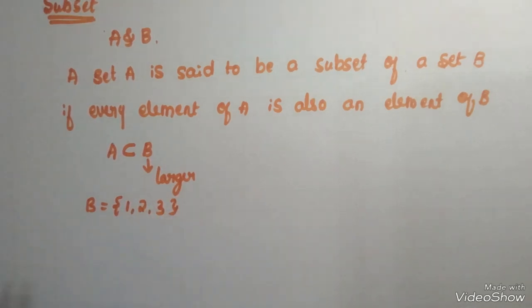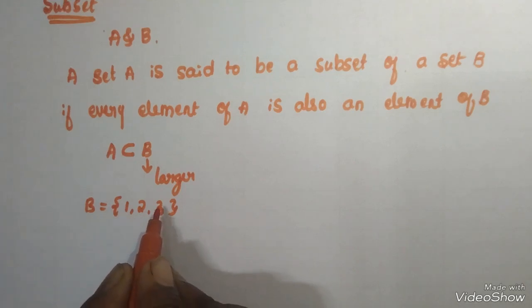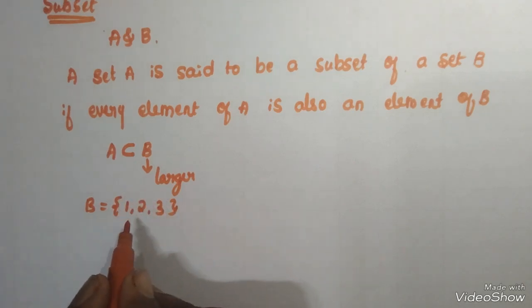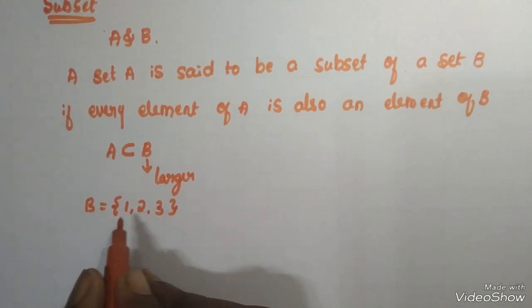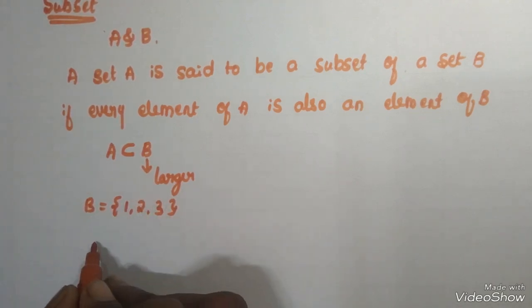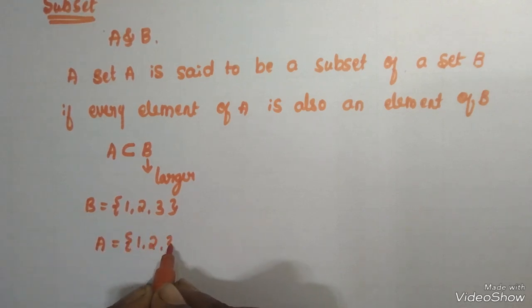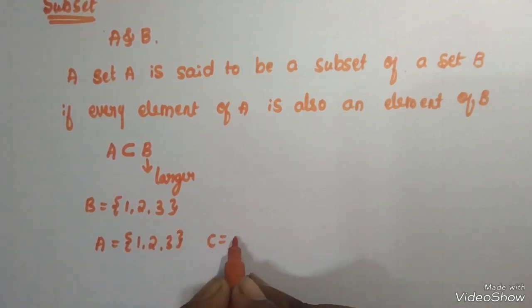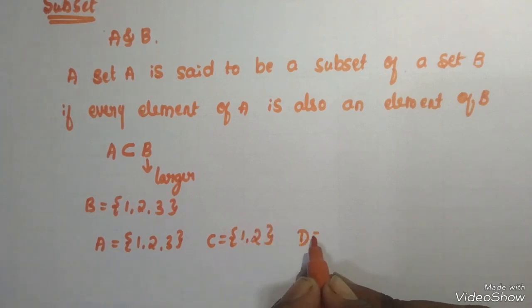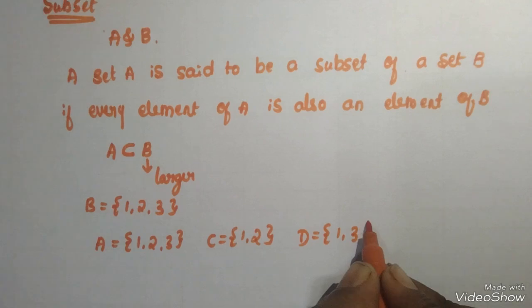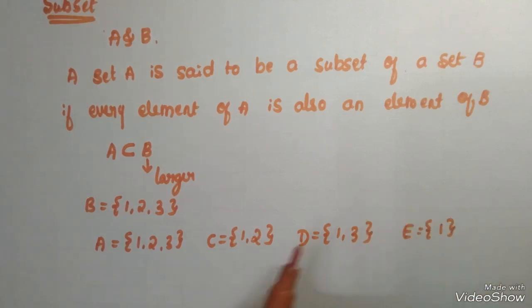Taking elements from these three, we make another set, and that is called a subset. So we can write {1, 2, 3}, {1, 2}, {1, 3}, or {1}.